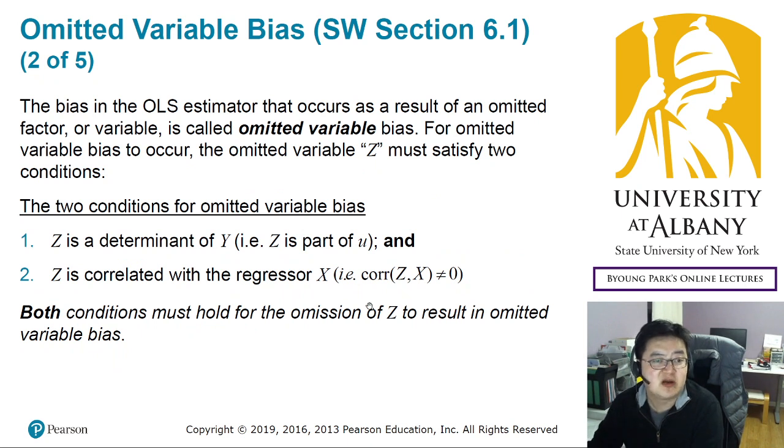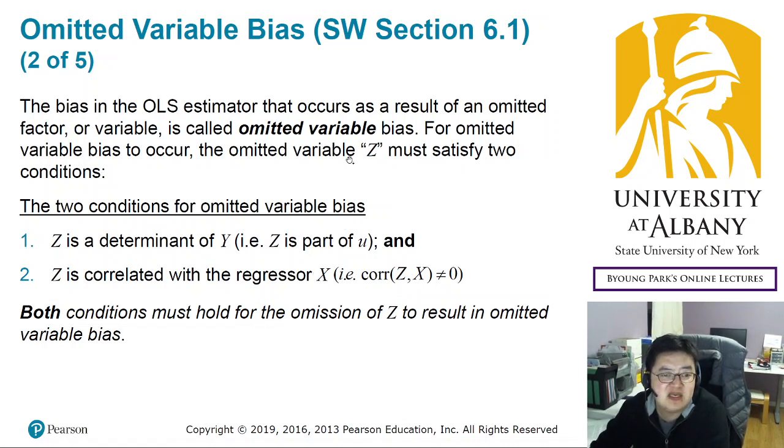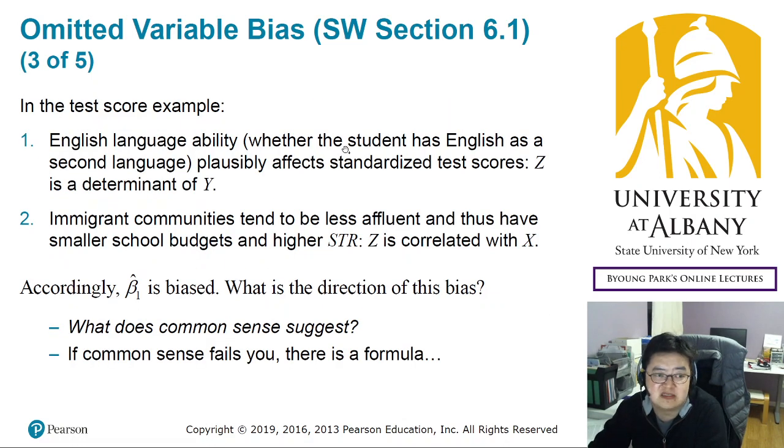So the omitted variable Z must satisfy two conditions. As you can see earlier, the government spending is a determinant of the stock market. And the government spending is correlated with the COVID cases. In the student-teacher ratio example, the example is English language ability.